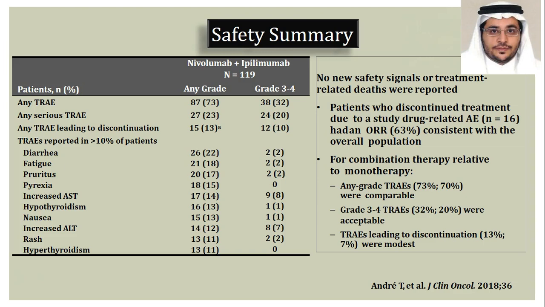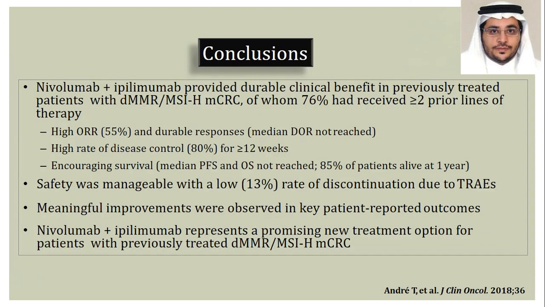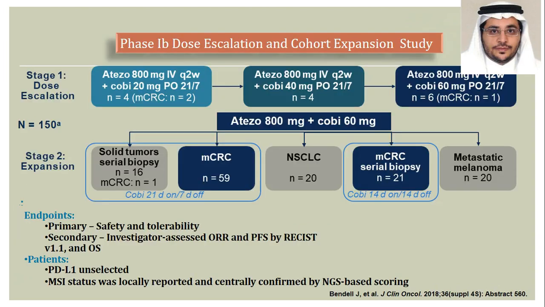If you can see, grade 3 and 4 diarrhea is only 2%, and most of the problem is increased ALT at 8%. So, in conclusion: a higher overall response rate, durability of response, high disease control rate, and very encouraging overall survival, progression-free survival not reached, and 85% still alive at 1 year, which is something tremendously huge.